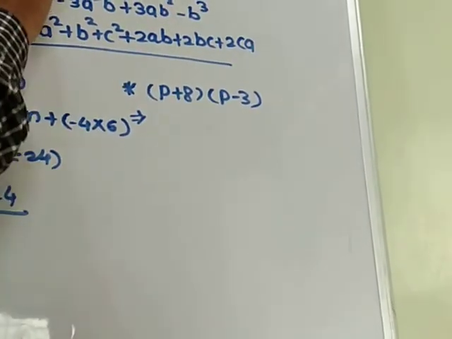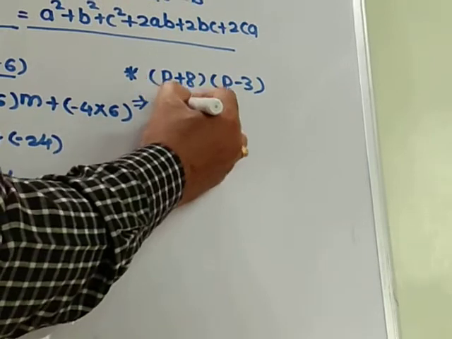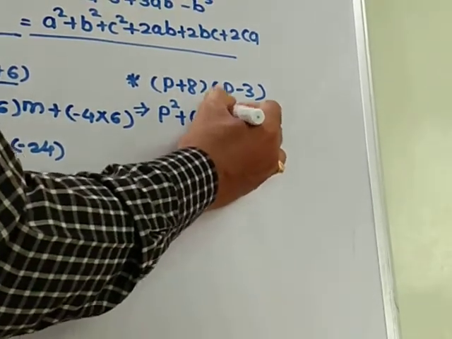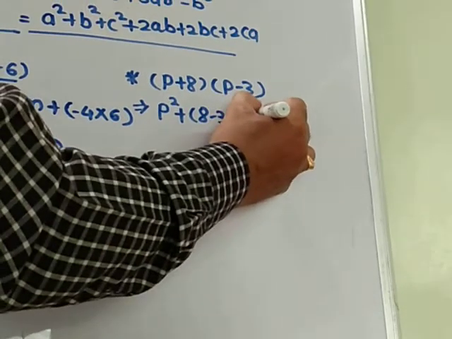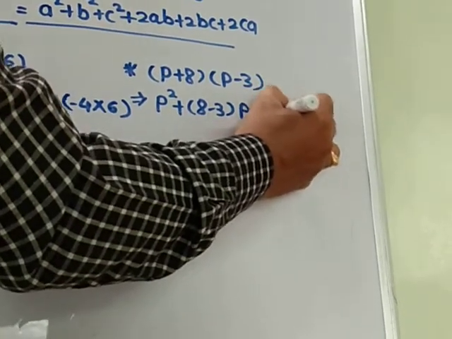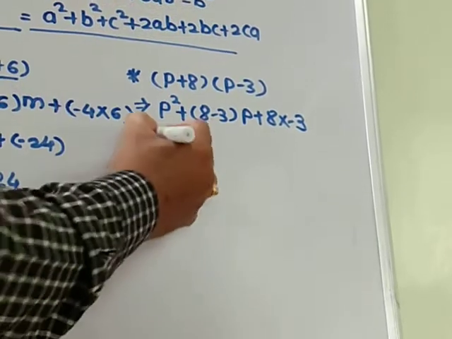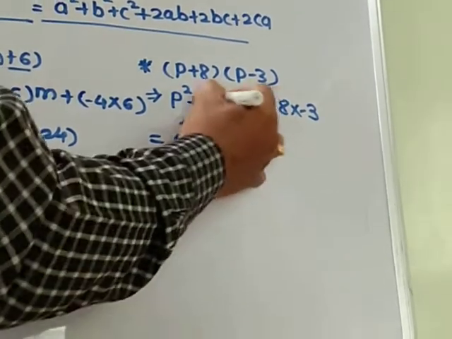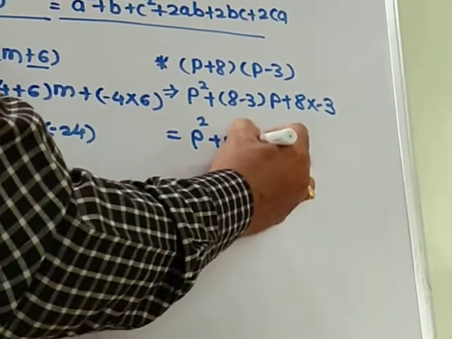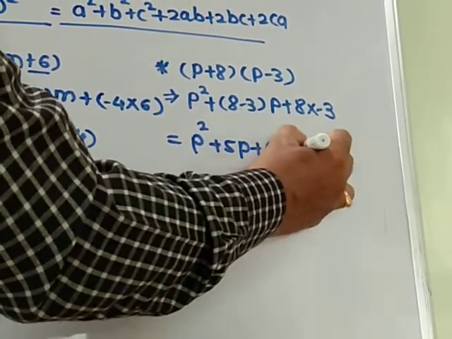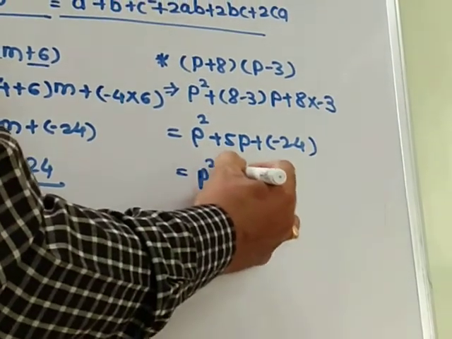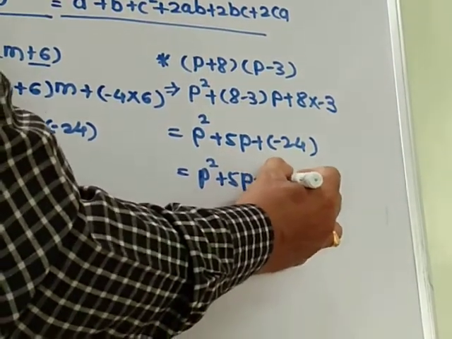In the same way, use this formula: p² + (8 − 3)p + 8 × (−3), which is p² + 5p − 24.